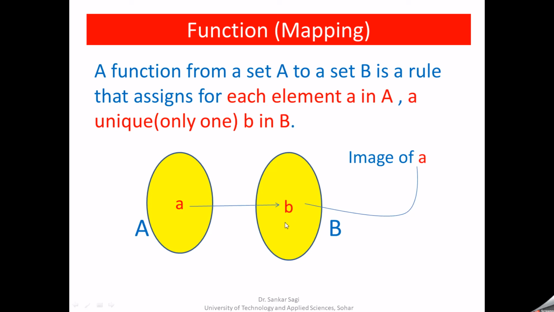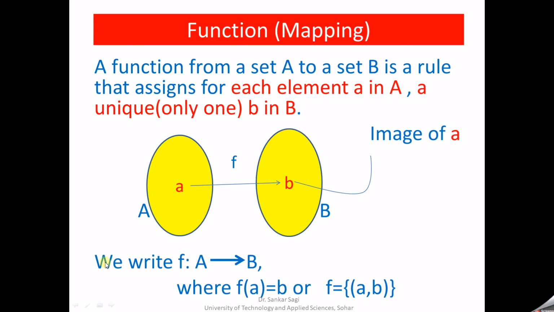This b is called the image of a, which is assigned to the element a. This assignment should be done for each and every element of the first set A, and this image should be unique. Only one image should exist for every element of A. If the condition is satisfied, then it is called a function.